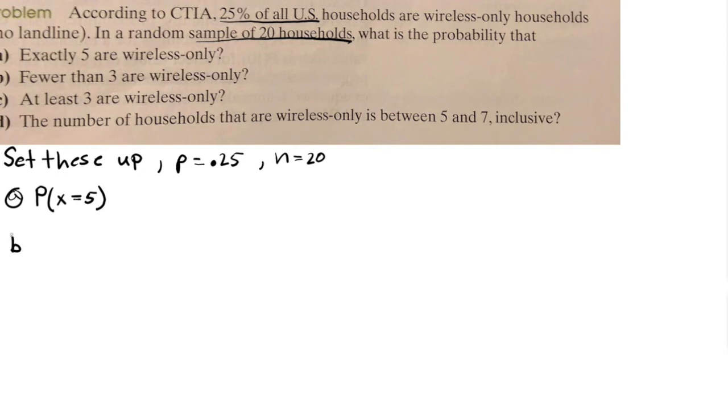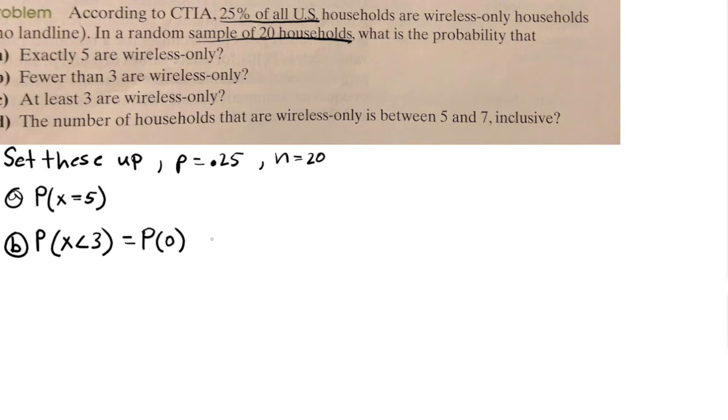For B, fewer than 3 are wireless only. So that means X is fewer than 3, meaning less than 3, not including 3. So what am I going to do to figure that out? Well, I have to calculate the probability of each of those values that are less than 3, right?